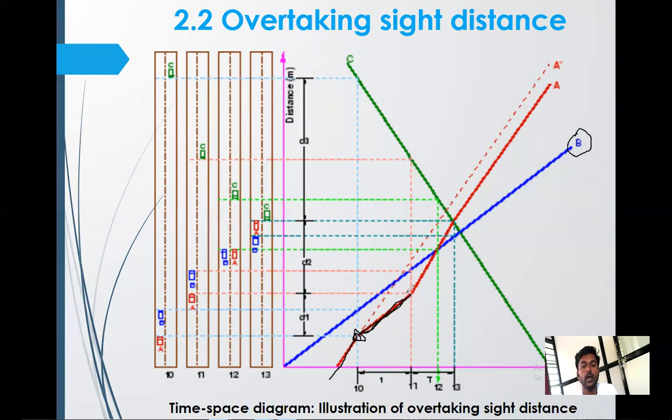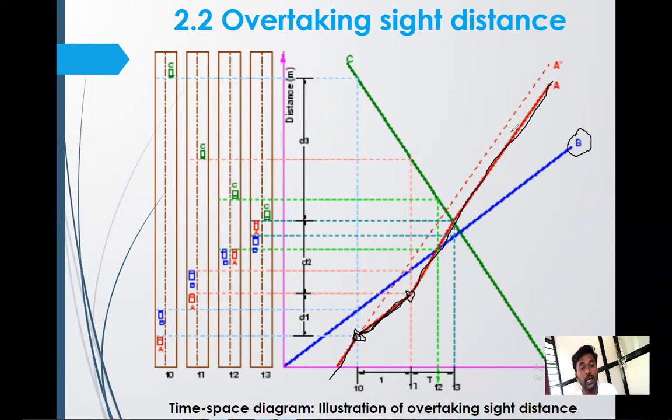And at this point, T1, he decided to go for overtaking vehicle B. At this point, he accelerates his speed. Okay. So the line changes its direction because vehicle A starts the acceleration. Means what? He increases the speed. Okay. He increases the speed so that the direction of this line changes.